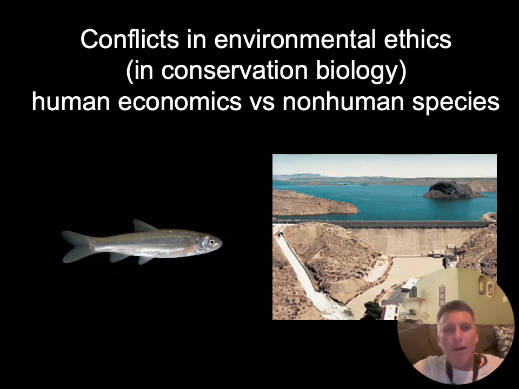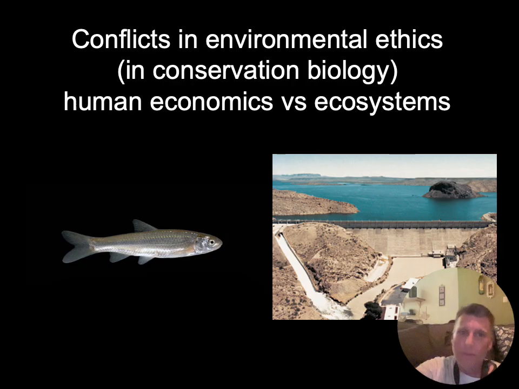There are very clear, bald conflicts between human economics and the needs of non-human species. Part of the issue with the silvery minnow is the water use in the Southwest, and water is a very precious commodity, and things we do to save the silvery minnow may not allow us as humans to get and use as much water as we want. Still further, there are ecosystem issues, where we have our economic reasons for controlling the water.